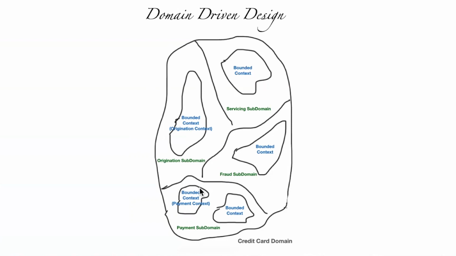Each subdomain can have one or more bounded contexts or key responsibilities. For example, the payment domain can have a payment context and a billing context. The payment context can even go into smaller components. The origination context can have getting the PII information, validating it, and going through the application process, or servicing can take care of all the billing part, however we take it, right?